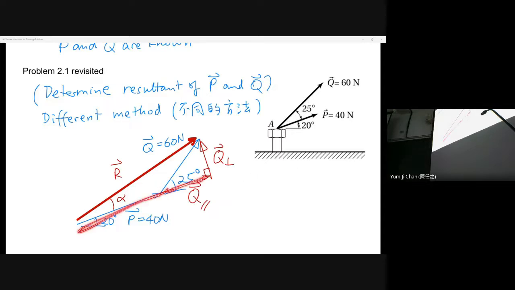This one and this one have the same direction, and this one and this one are at 90 degrees.